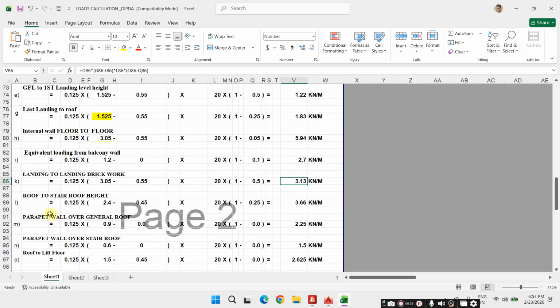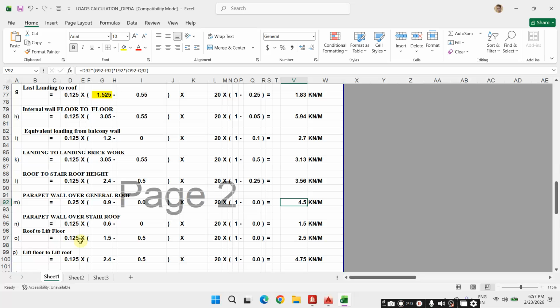Roof to stair roof 2.4 meter height, and minus 0.5 actually, that is the 20 unit. Parapet wall over general roof, 0.25, height 900 mm, 0.9, and no opening, no beam here, 20, 0.5.